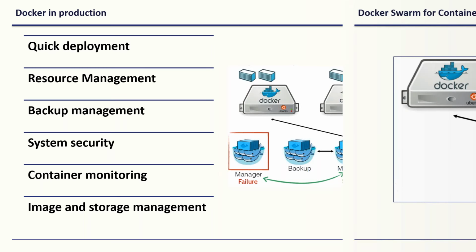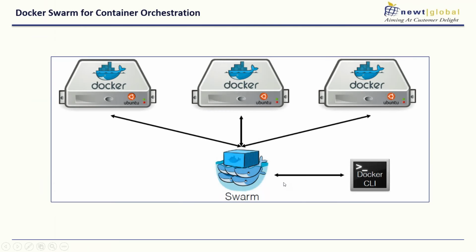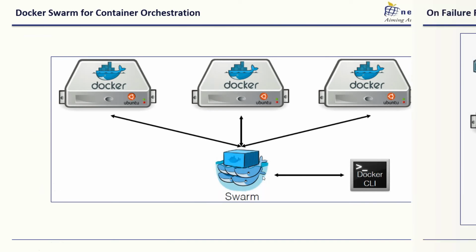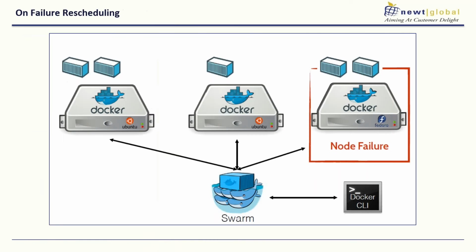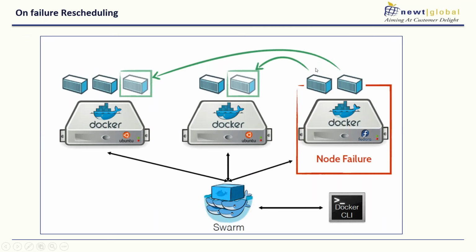Okay. So typically you have a swarm that is monitoring, let us say, a couple of your clusters, and there is a node failure. Swarm can replicate these depending on the availability of compute and the various hosts and their health.